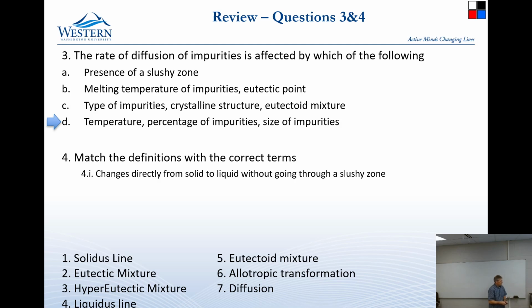Okay. Match the definitions with the correct terms. So you can hold up the number of fingers for solidus line, eutectic mixture, hypereutectic, liquidus line, eutectoid mixture, allotropic transformation, and diffusion. So, changes directly from solid to liquid without going through a slushy zone. You have some 2s and some 5s.